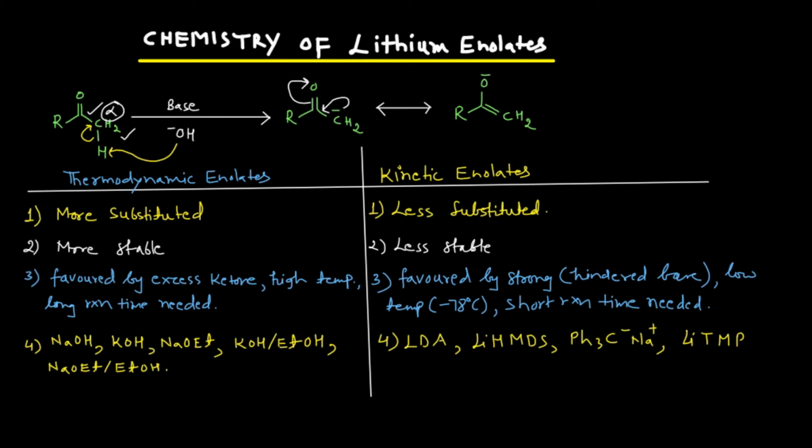The third one I have shown in a different way, because I needed to show this particular hydrogen in that manner. This is my R, this is O, and this is CH3. These hydrogens are like that only, but I have shown this hydrogen in that particular manner because I'll remove that hydrogen from this position. So enolates are formed by the removal of one of the alpha hydrogens from the carbonyl compound.